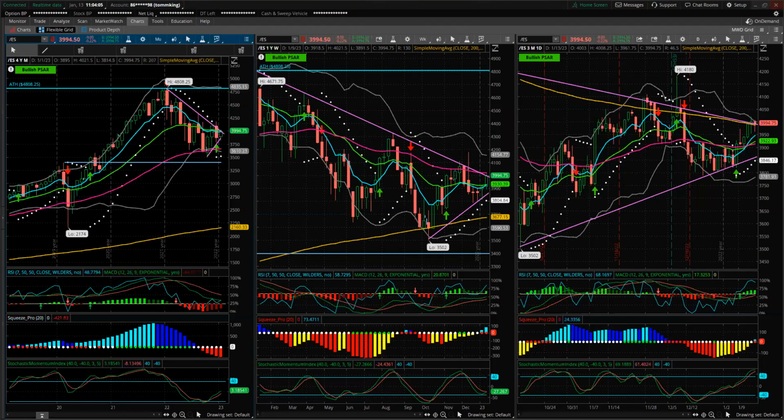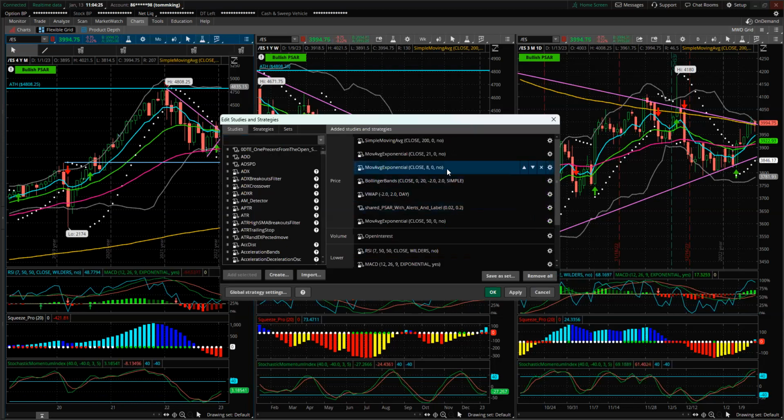You can see in the light gray here, these are Bollinger Bands. You can or cannot trade with those. It doesn't really matter. I use them for a few things, but not a huge deal. The dots that you see on here are the PSAR signal. So as you look at these studies on here: 200 simple, 21 exponential, 8 exponential, standard Bollinger Bands at 2 standard deviations.